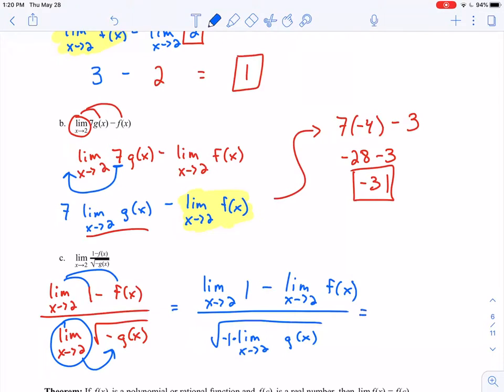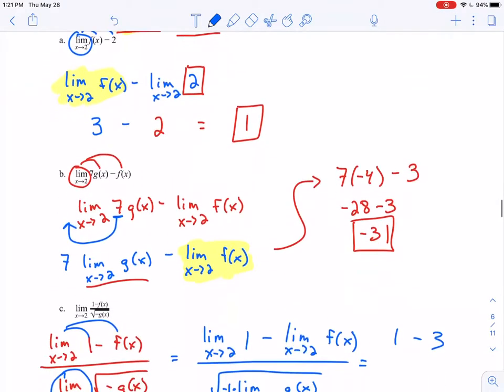So let's see, my numerator, the limit as x approaches 2 of 1, that's just a constant, so it just stays at 1 regardless, minus the limit as x approaches 2 of f of x, and we've said that is 3. Is that right? Let me just double check. Yes.